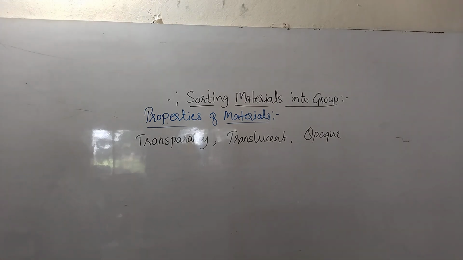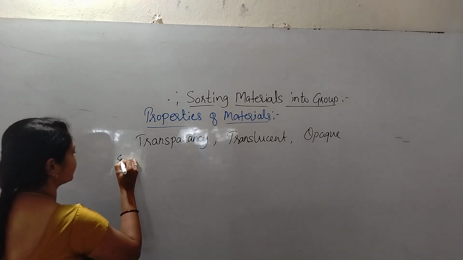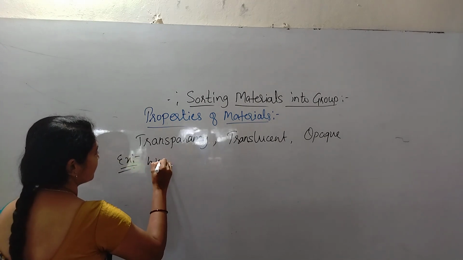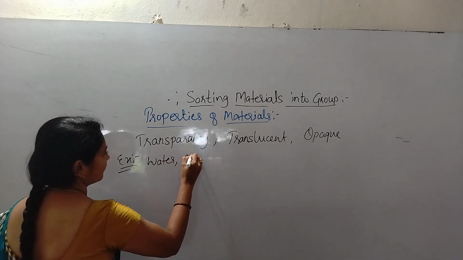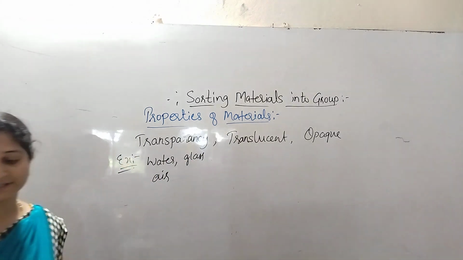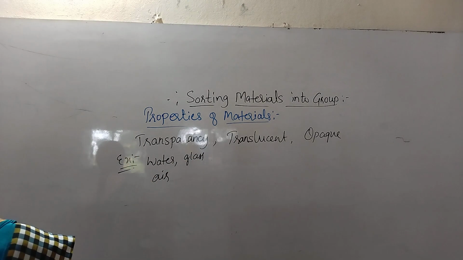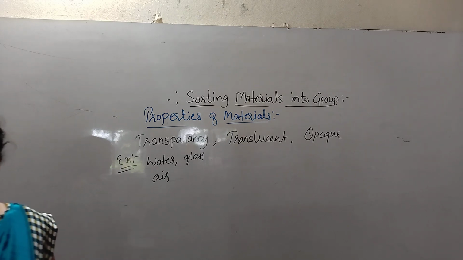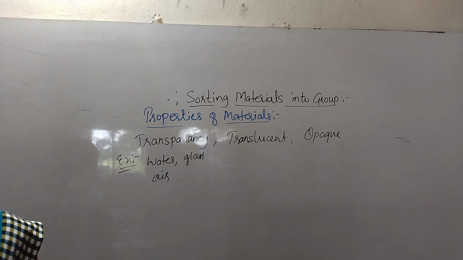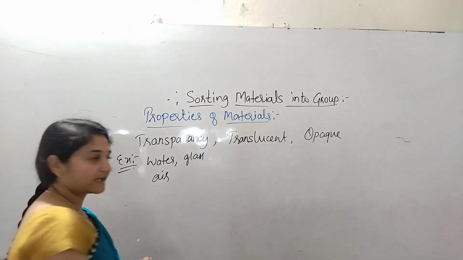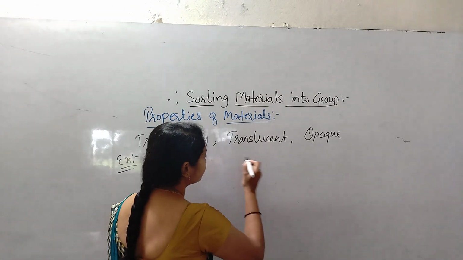Examples for transparent: glass, water, and air. What about translucent? You are not able to see objects clearly through them. The object can be seen, but not clearly.